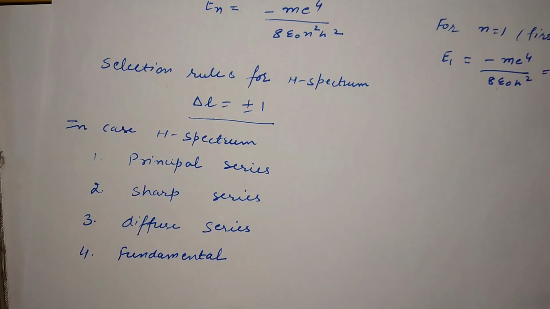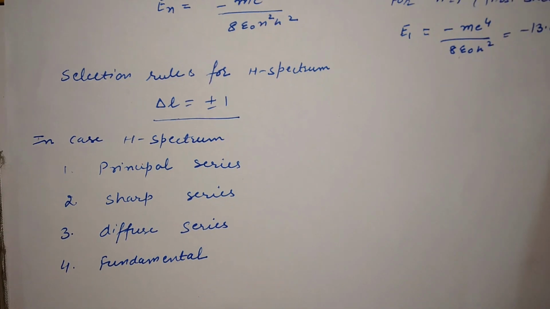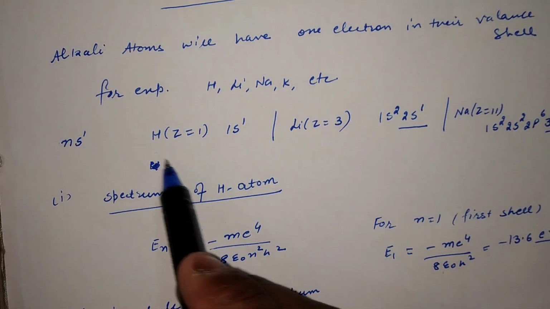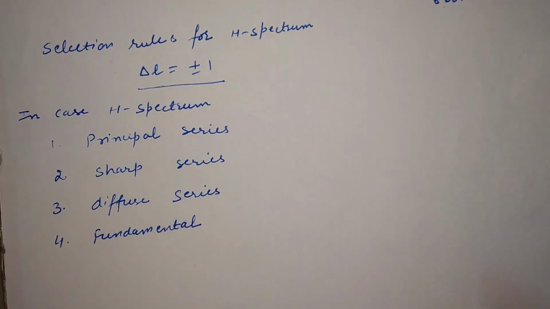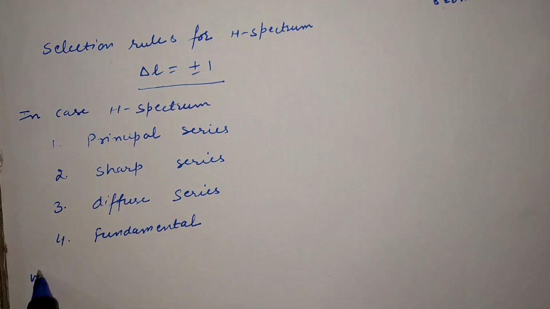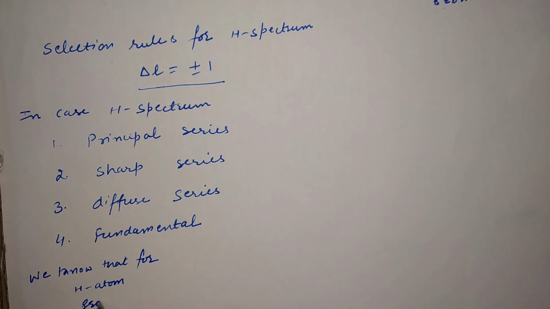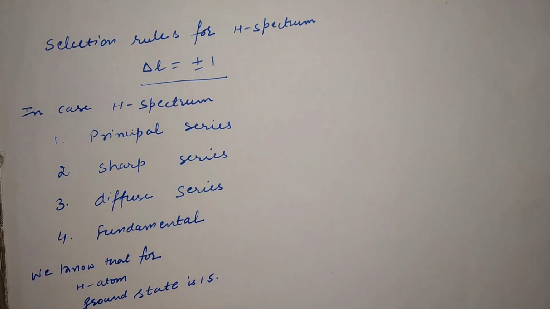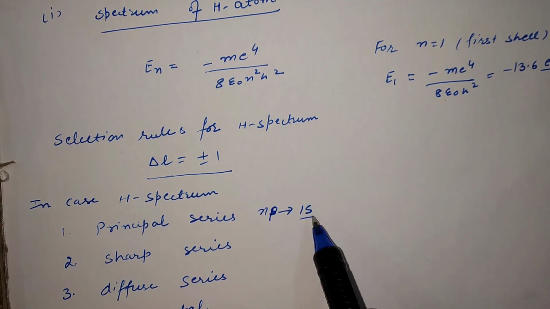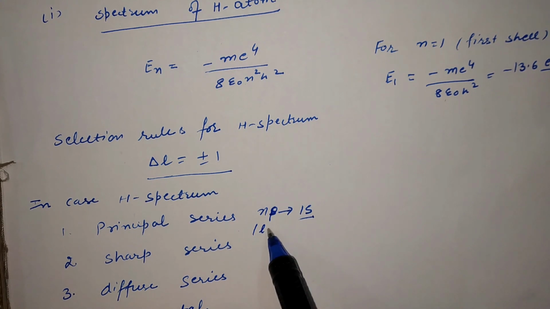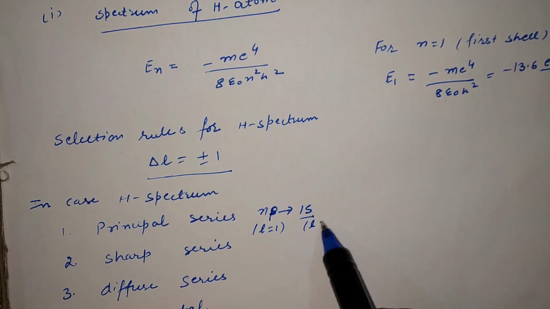We know that for the hydrogen atom, the ground state is 1s. The principal series is the series formed by all the transitions from np to 1s, because we know that for p, L is equal to 1, and for s, L is equal to 0.